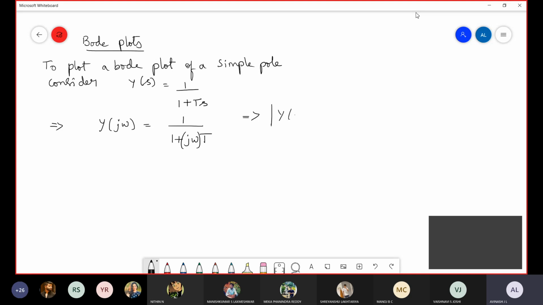The modulus of Y of j omega will be equal to 1 divided by 1 plus j omega into T under the modulus.